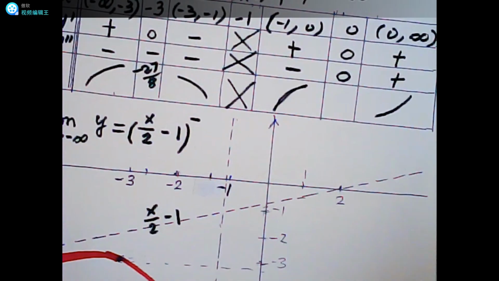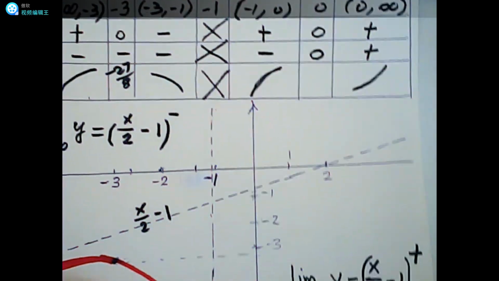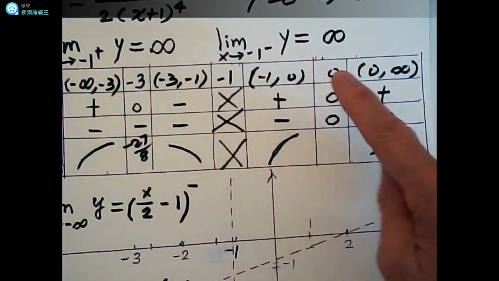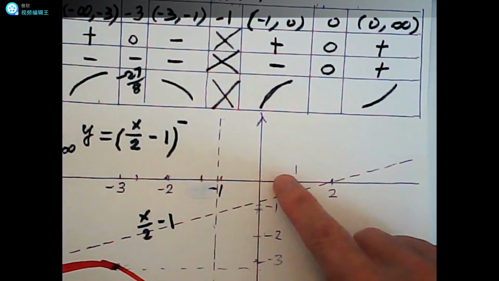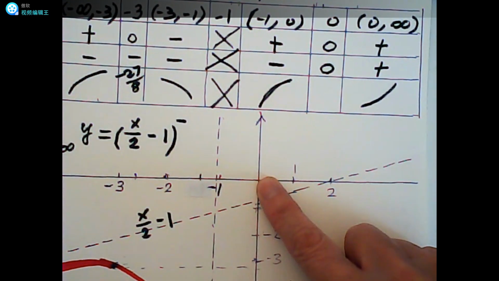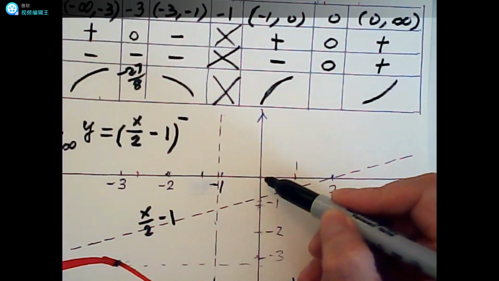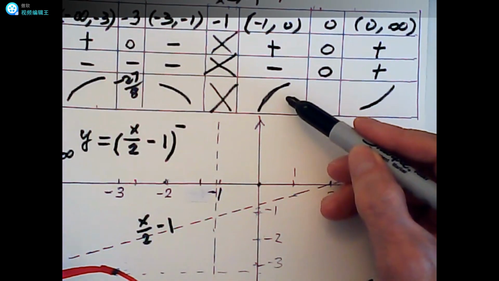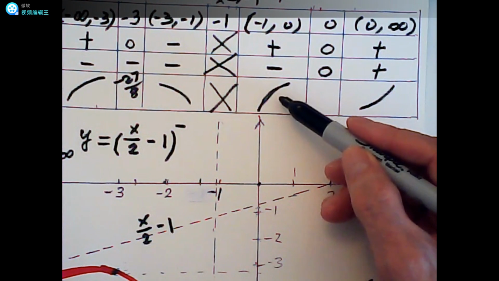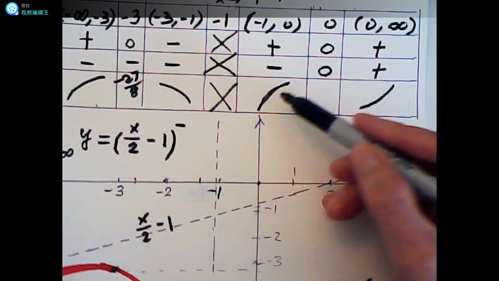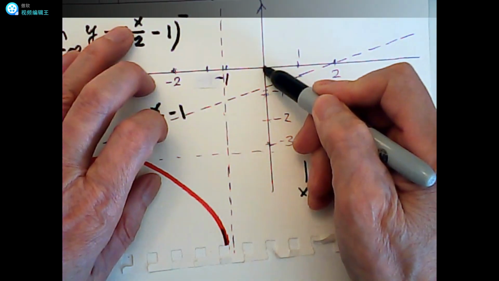Very good. Then from -1 to 0, the curve looks like this.